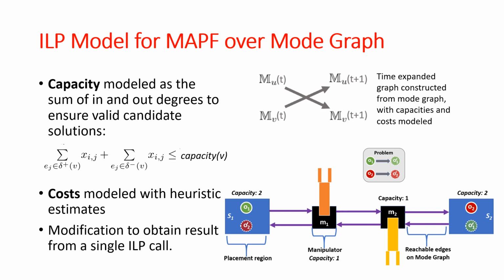So for instance, the tables in this example can allow two objects to coexist at steps, which is required for the solution. So once we have encoded this capacity constraint, we can add the costs to this model as heuristic estimates of what the cost of the corresponding actions would be. Now, if we want to merely minimize the number of steps or actions in the task, the cost can be encoded to be a constant.